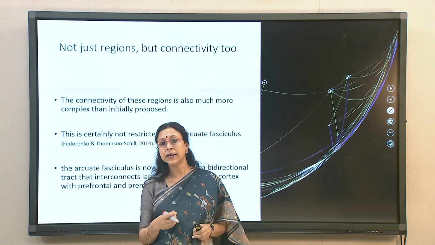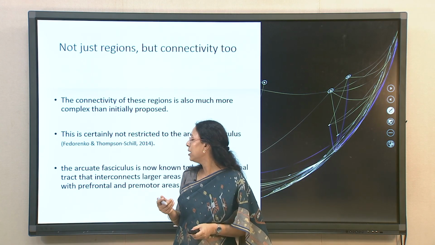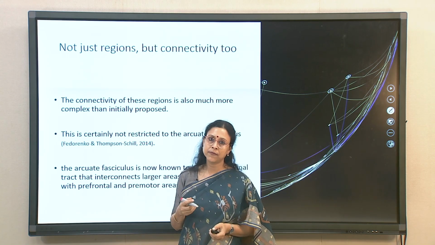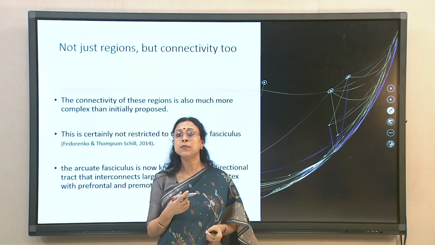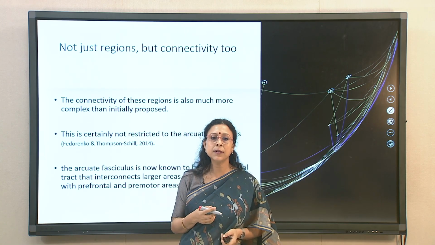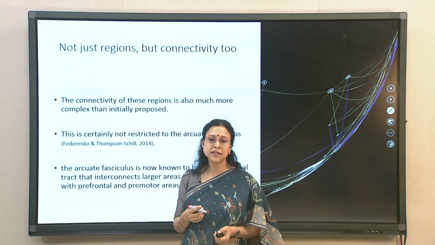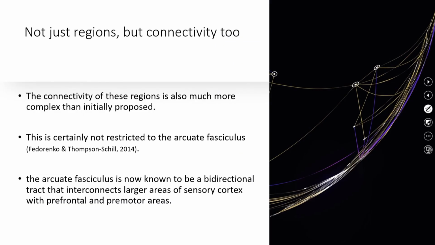Now, in terms of connectivity too, initially we knew only about the arcuate fasciculus connection, but now we know that there are many more connections that are also responsible. The connectivity of these regions is much more complex than initially proposed, and is not restricted to the arcuate fasciculus only. One of the most important names in this domain is Angela Friederici and her group.